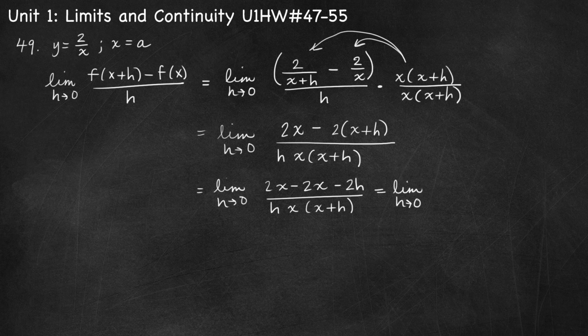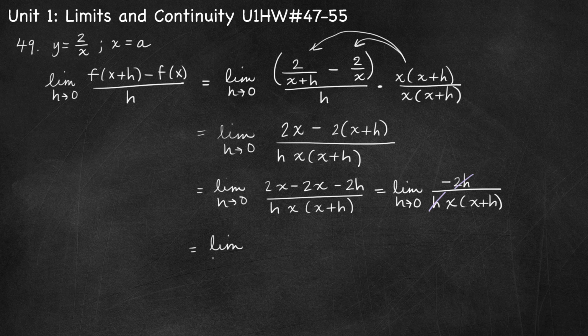Don't drop your limit. You can't drop your limit until the point where you actually substitute the 0 in for the h. So continuing to simplify here, now in the numerator I just have negative 2h. In the denominator I still have h times x plus h. So finally I'm at a point where the h's cancel out.